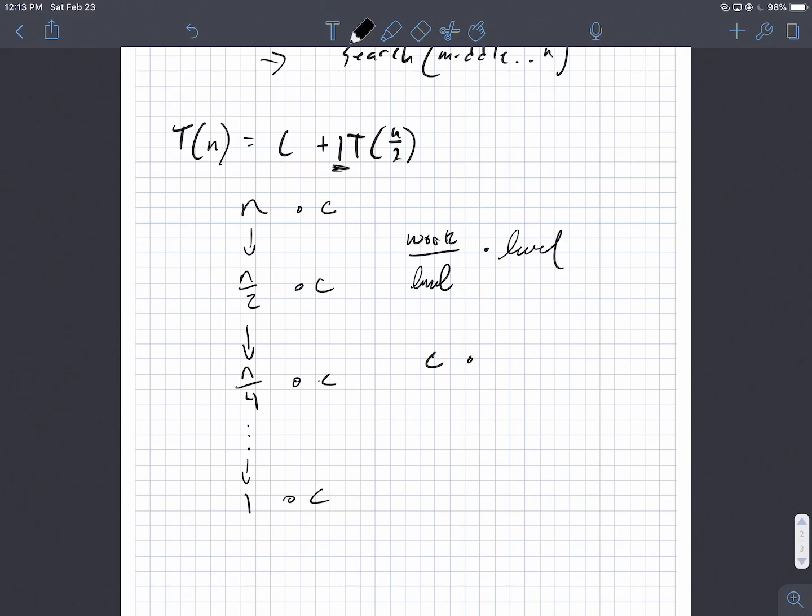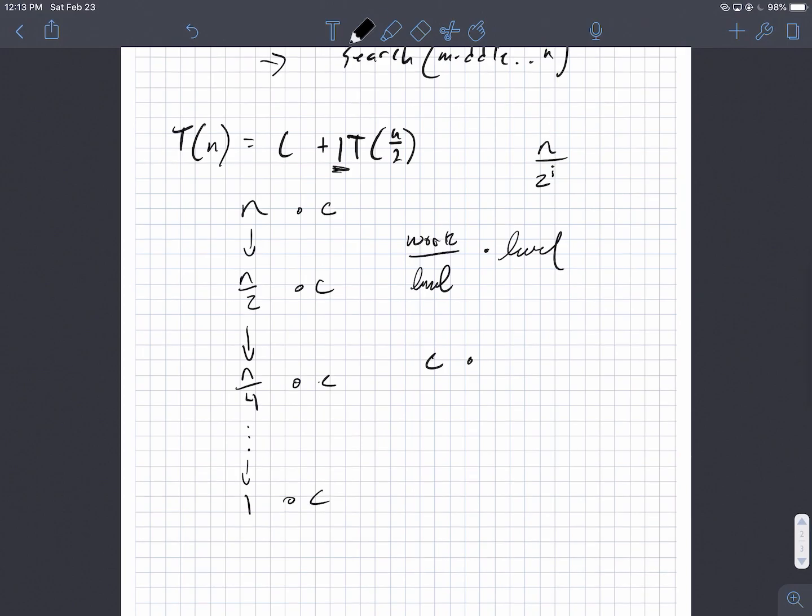Well, the number of levels is equal to how many times we can divide n by 2 until we reach 1. And that's equivalent to log base 2 of n.